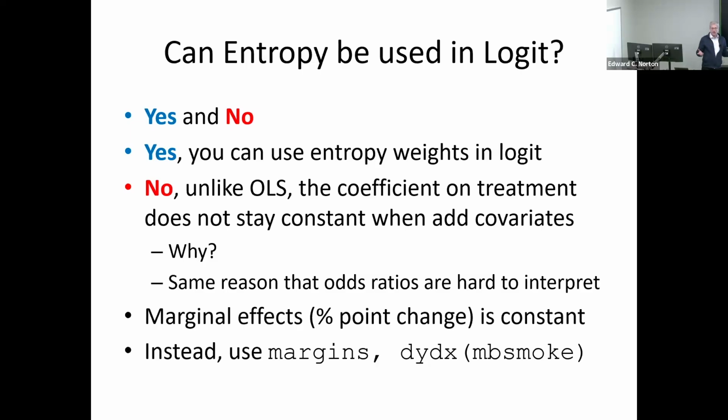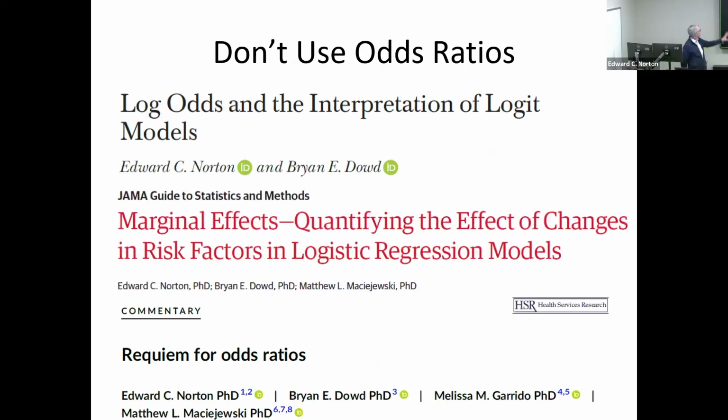You get different odds ratios. But the really cool thing is the margins will stay exactly the same. The marginal effects will stay exactly the same even though the odds ratio differs. If you want to know more, you can read any of these papers, or talk to me later. Odds ratios are another pet peeve of mine.